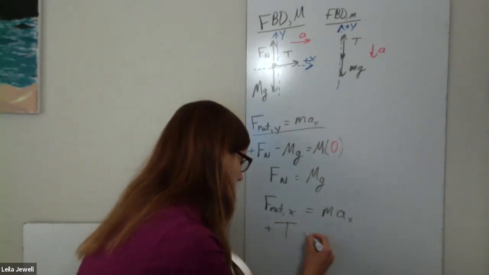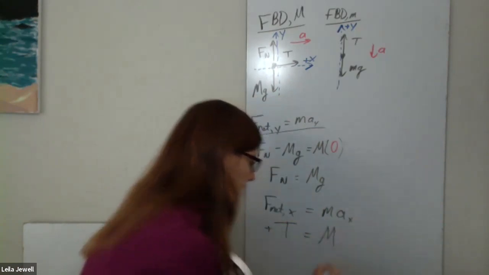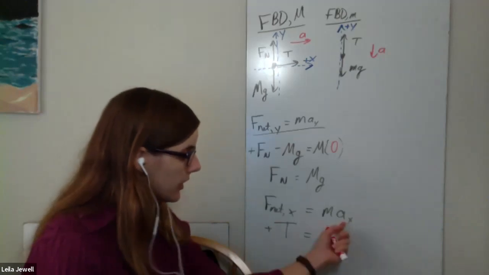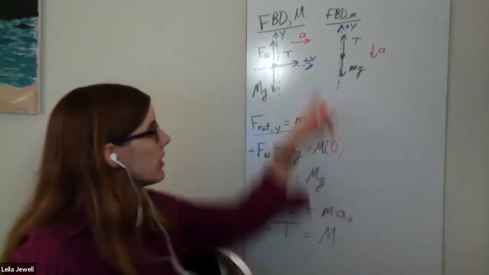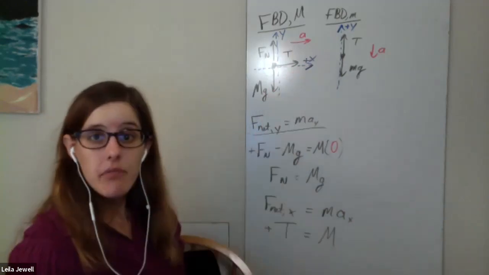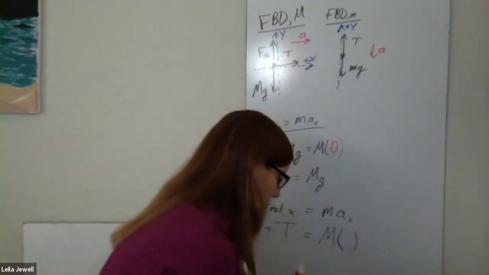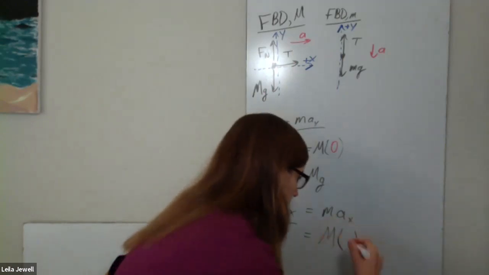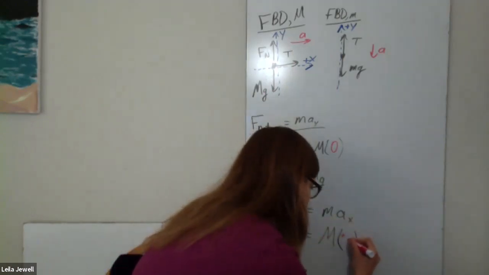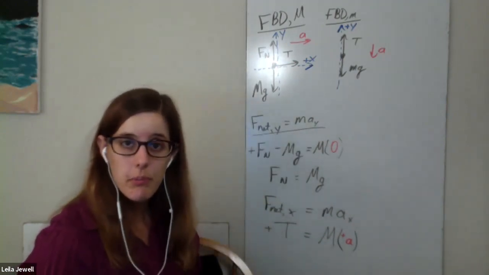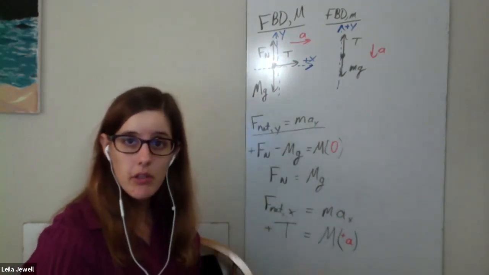So positive T is equal to capital M, because this is related to my big M, and then my acceleration in the x direction is just a. It's in the positive direction, so multiplying by a positive a. Okay, so there we have the tension is equal to big M times the system acceleration.